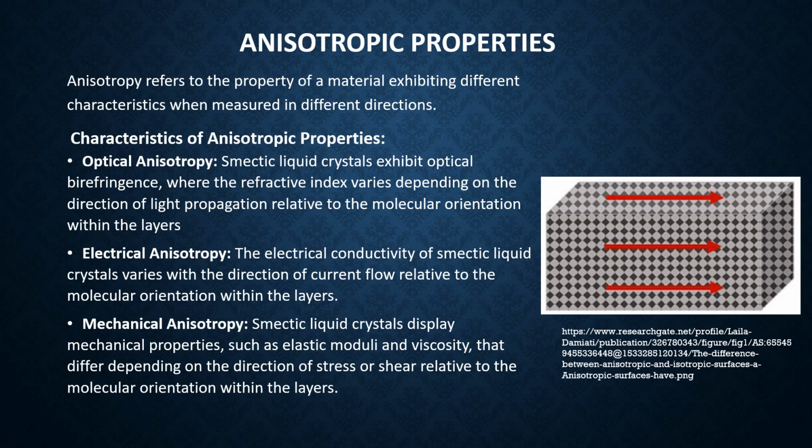In optical anisotropy, the refractive index changes when we change the direction of light propagation. In electrical, the conductivity changes depending on the direction of current flow. In mechanical, the properties change depending on the direction of stress or shear.